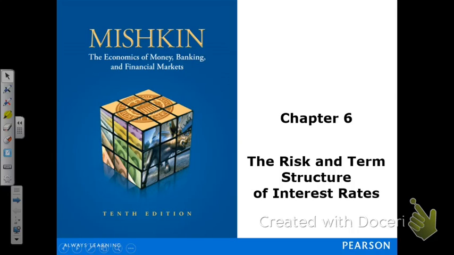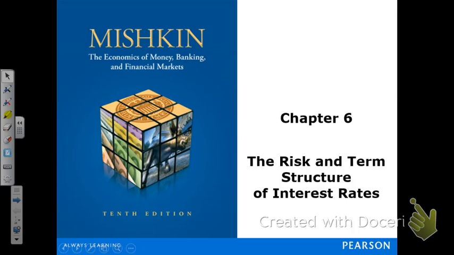Something that we have looked at before, but in this chapter we are going to take a more formal approach by invoking four related theories that explain how the term structure of interest rates is determined. So it is going to talk about why do bonds of different maturity have different interest rates?